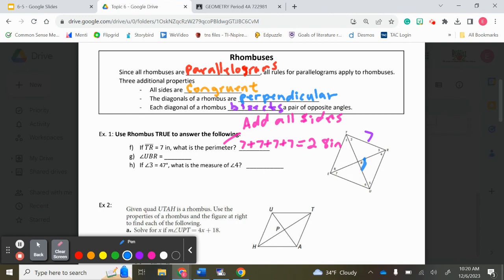Now in our foldable, it told us something. What did it say? The diagonals of a rhombus are what? Perpendicular bisectors. What does perpendicular mean? What kind of angles do we have there if they're perpendicular?